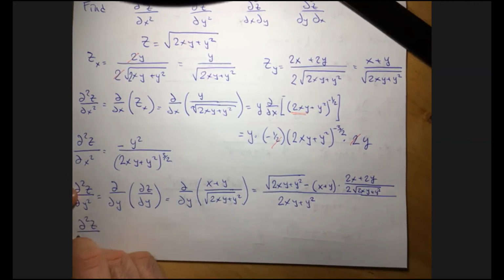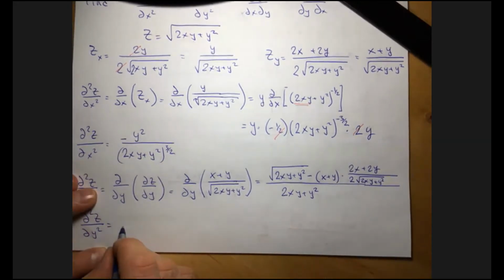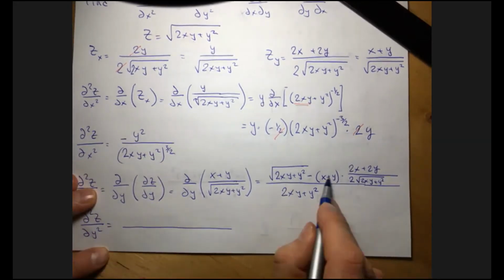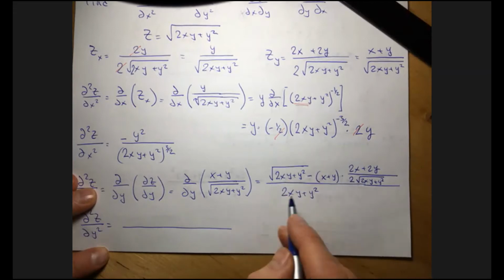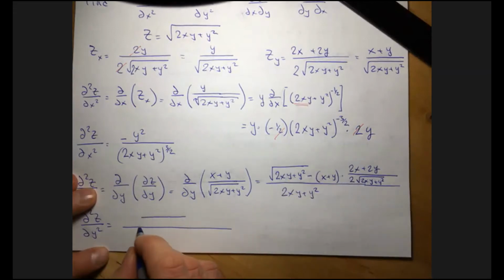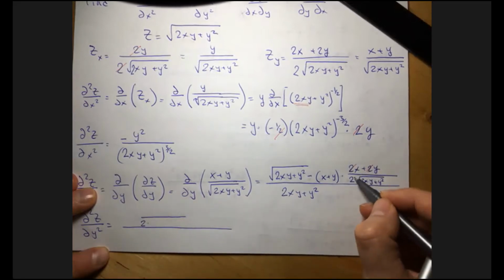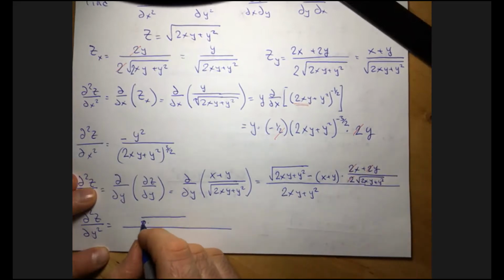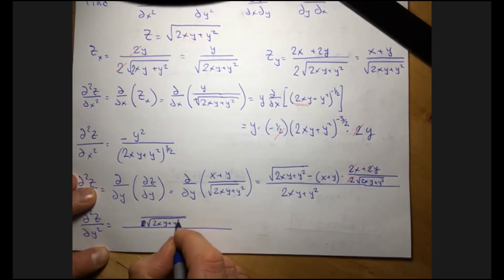Second order partial derivative with respect to y twice is equal to, bring this under common denominator, and sorry, I'll cancel this right away. So there is no 2xy plus y squared.